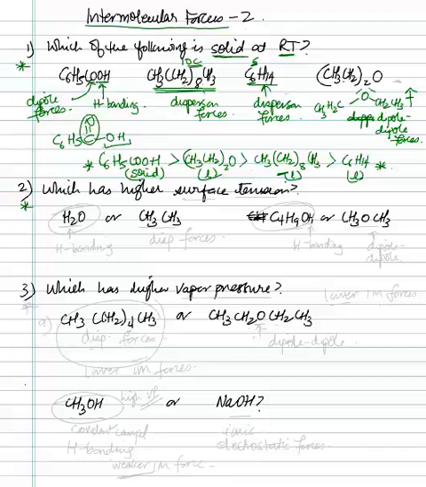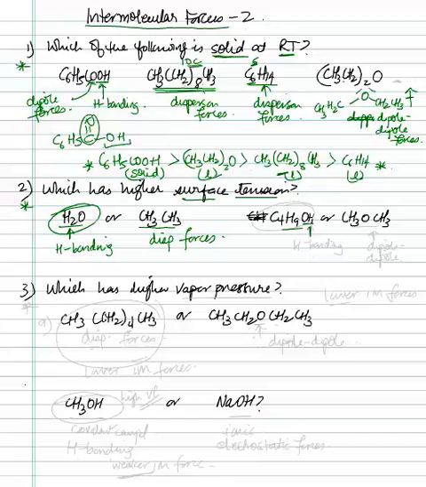Number 2, which has a higher surface tension. Surface tension also has to do with intermolecular forces. Again, higher intermolecular forces, higher surface tension. Looking at H2O and CH3CH3, H2O has hydrogen bonding and the other has only dispersion forces, so H2O is going to have higher surface tension.